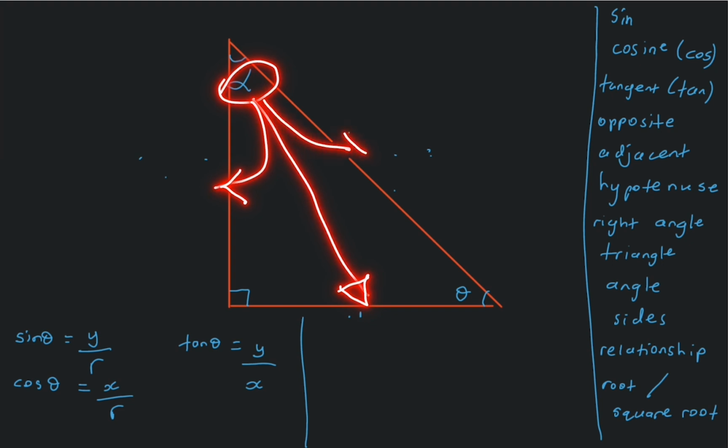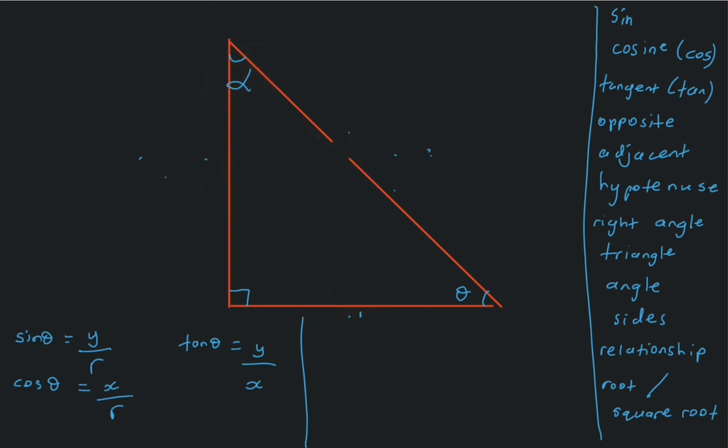And this is the hypotenuse, okay? And so in relation to alpha, this is the opposite of alpha, and this is the adjacent of alpha, and this is the hypotenuse of alpha. This is r, this is y, and this is x, okay?